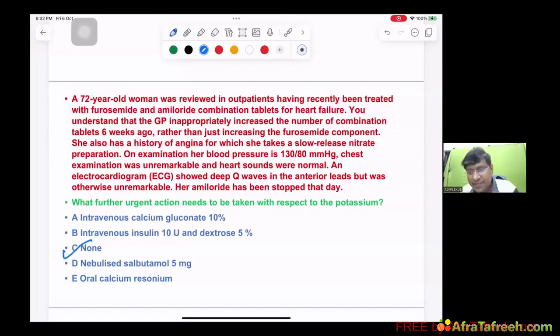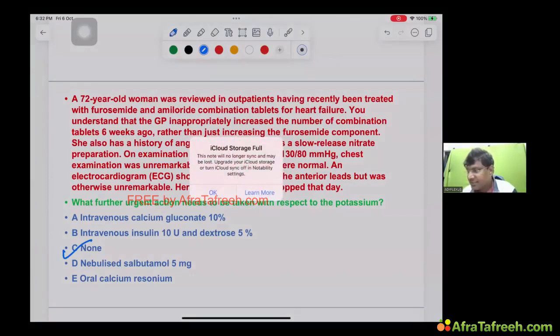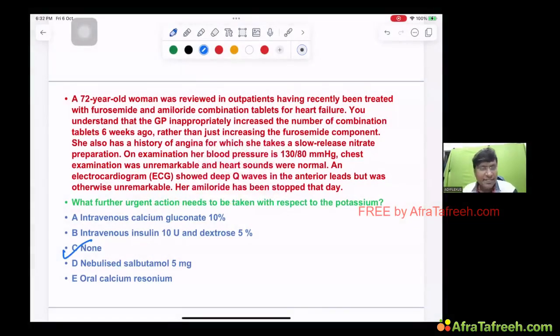Jacob, why did you go for A? What point is suggestive of hyperkalemia in this patient? Is there any point in the question suggestive of hyperkalemia? They stopped the amiloride. The patient is on furosemide, and furosemide will reduce the potassium.